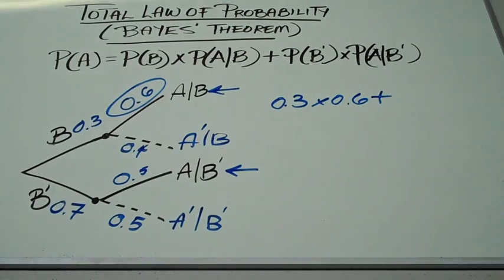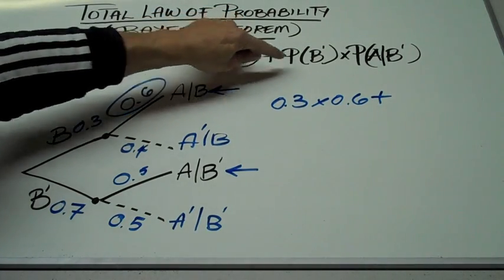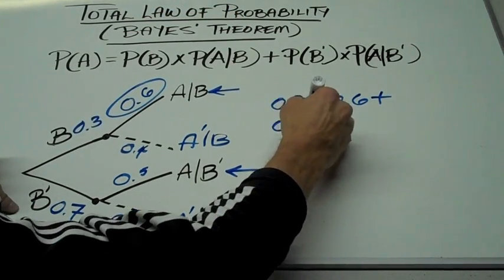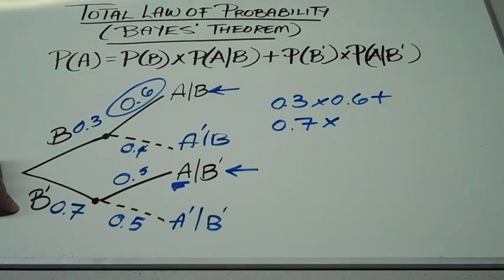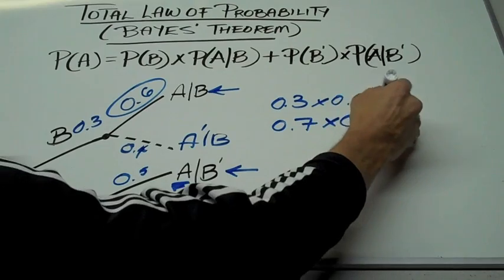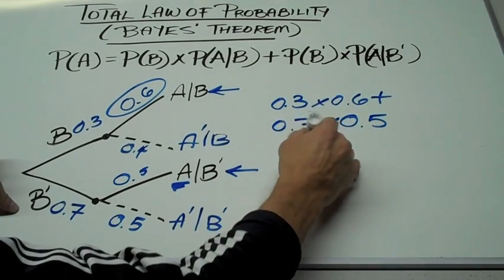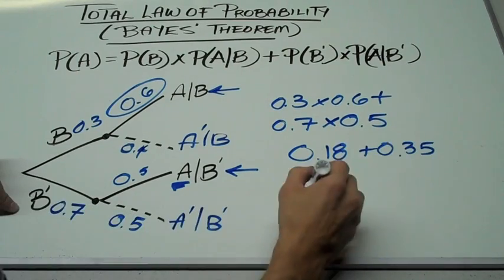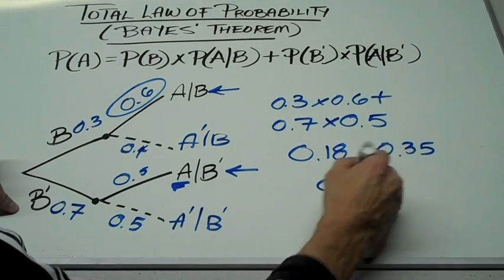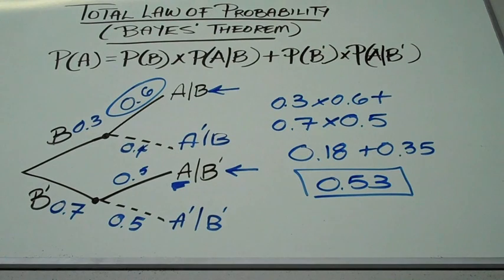Plus, I'm going to add to that the probability of the complement of B, which is 0.7, times the other branch, which is also going to result in an A, which is 0.5. So ultimately, I ended up with 0.18 plus 0.35, which is 0.53. I've got a 53% chance, or a 0.53 probability of getting A.